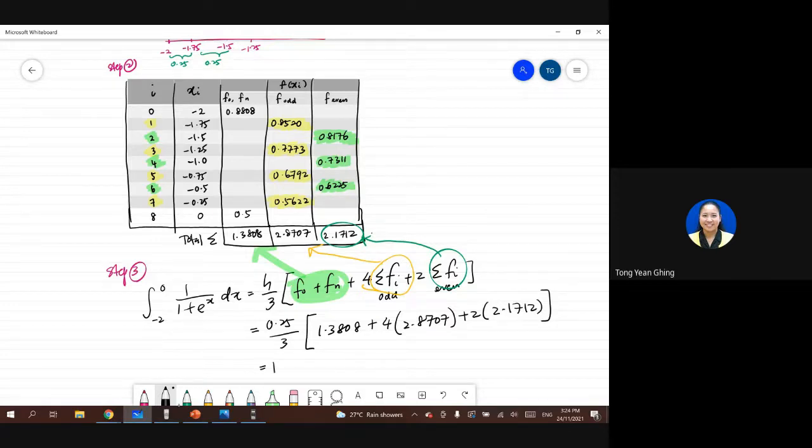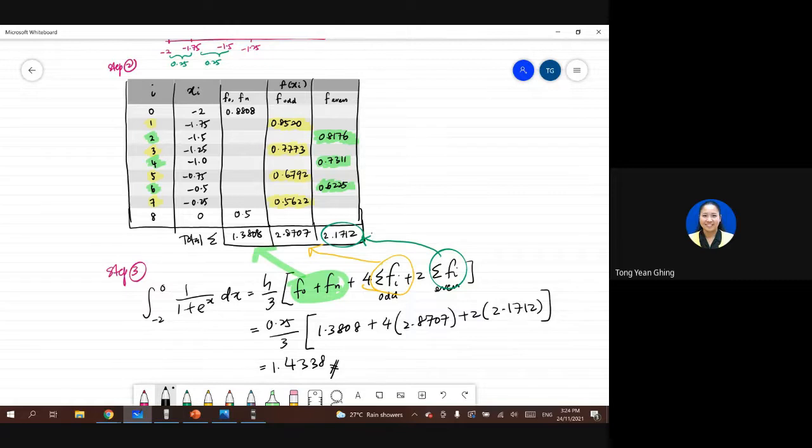So we get 1.4338. So this is the area for these functions using Simpson's one-third rule when n is 8. Okay? So far okay or not?